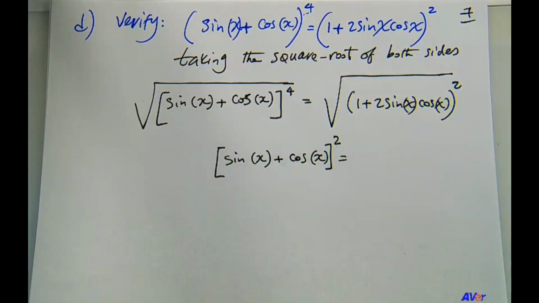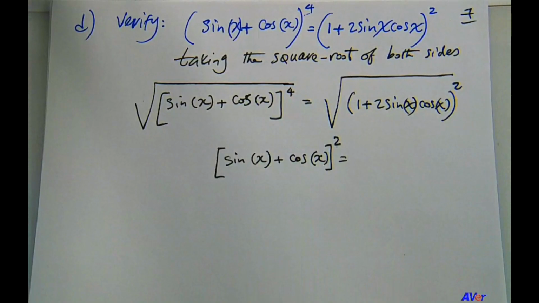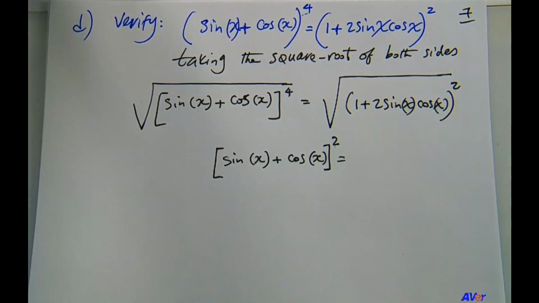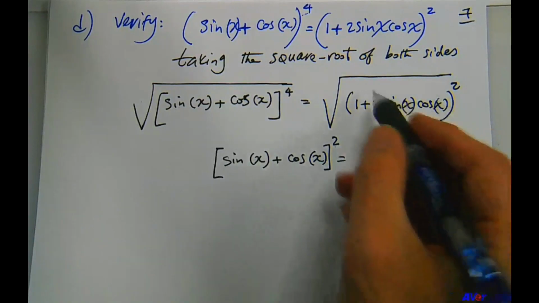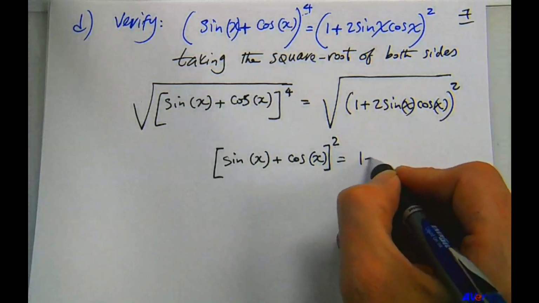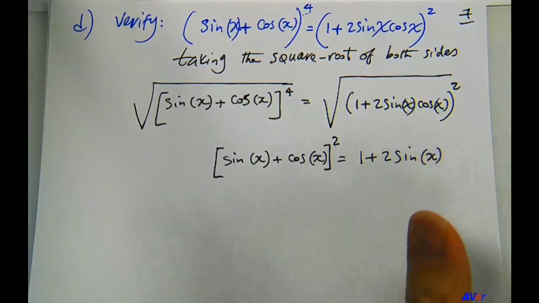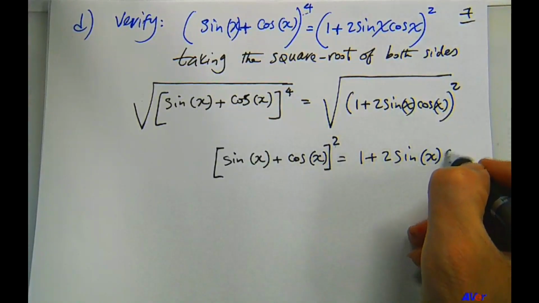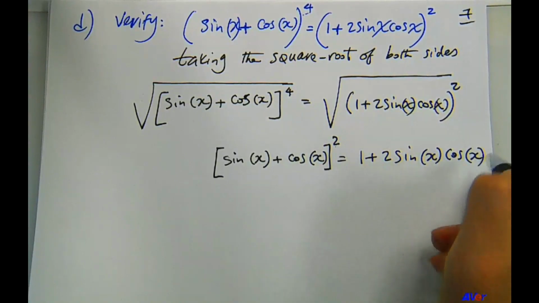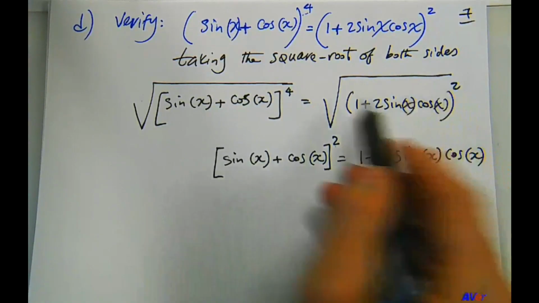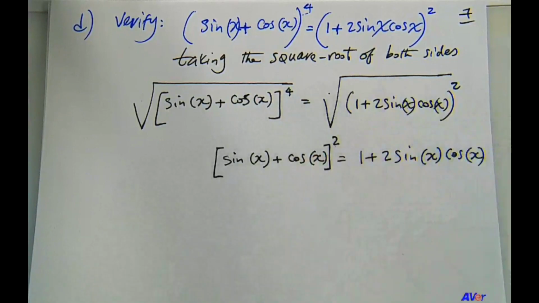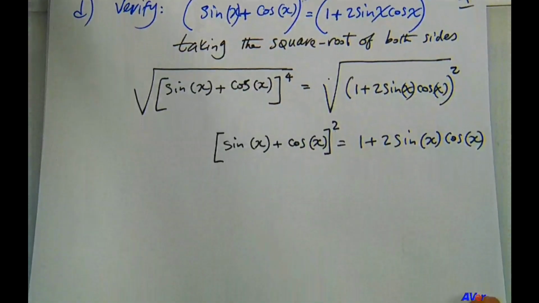That's from basic Math 124 or even Math 96 courses. On this side, it's just 1 plus 2 sine of x cosine of x, because this 2 and this 2 index, 2 over 2 is 1, and they cancel each other out.